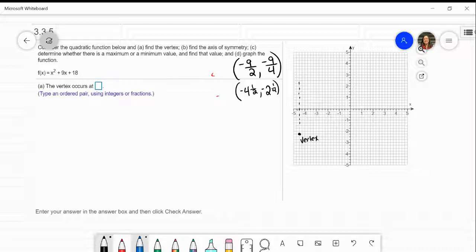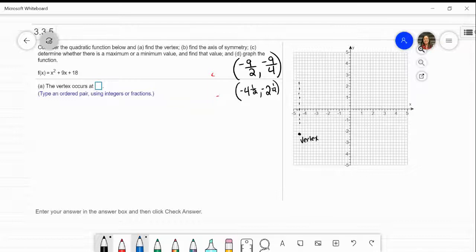Let's plug it into this equation and get a value. I tried to work smart and not hard. I know that the further I get away from my vertex, the higher that value is going to be. It's going to grow very quickly.